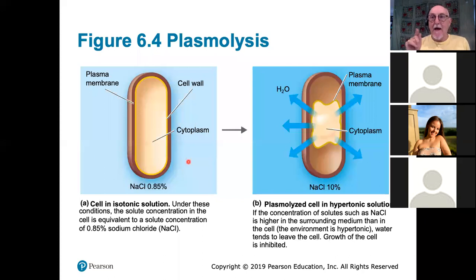You need to specify which solution you're talking about. If I say that the outside is hypotonic to the cytoplasm, then the outside has less solute. That is hypo. If I say that the outside solution is hypertonic, then it means it has more solute than there is in the cytoplasm.